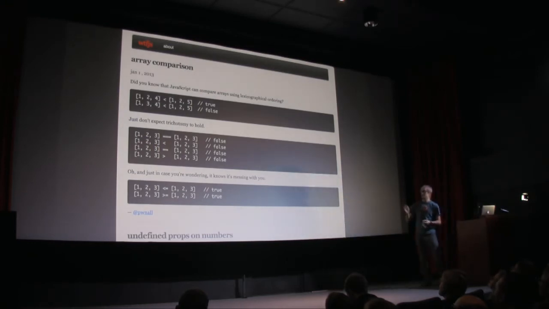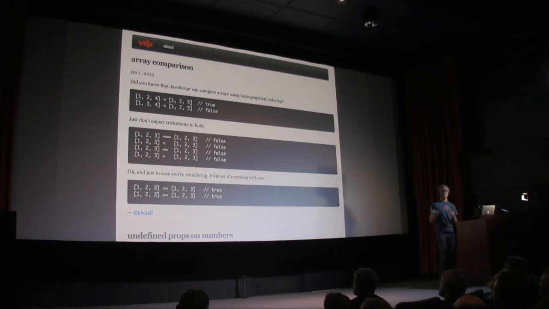Sure, these things look weird at first, but all of them can be explained if you just read the specification, or for PHP, if you view the documentation, or even the source code. But even then, if a particular behavior of a language is confusing to a lot of people, then that becomes a bit of a problem.